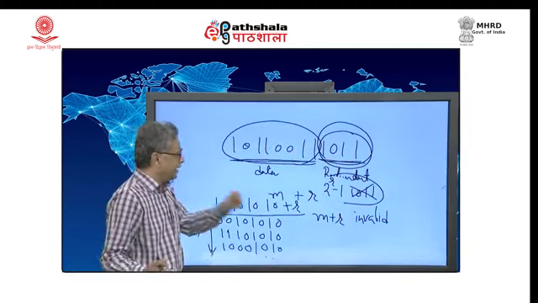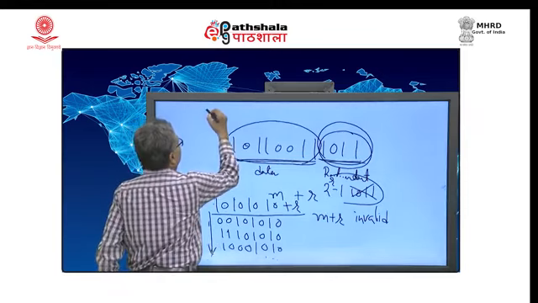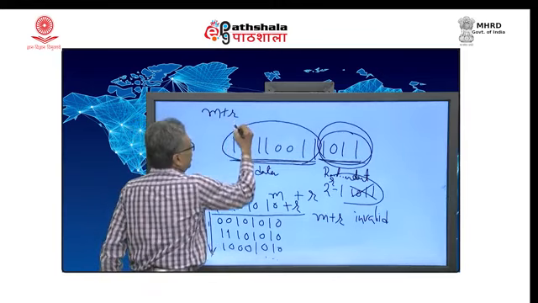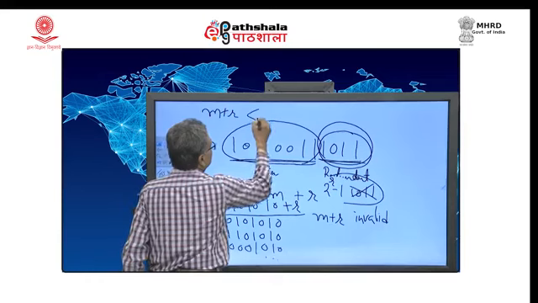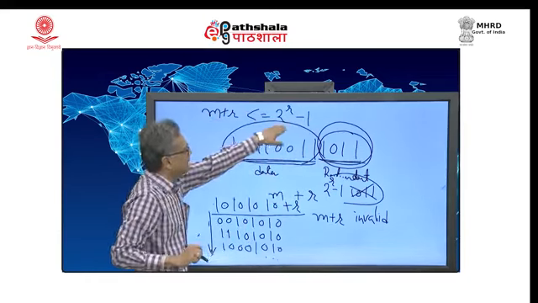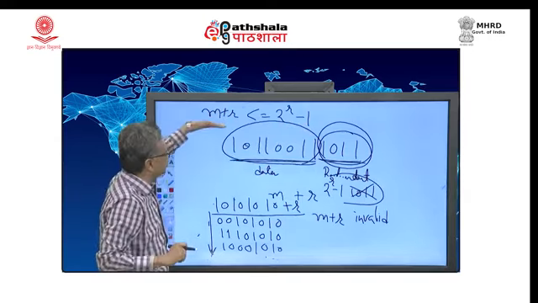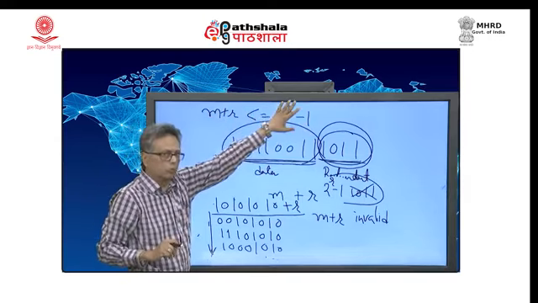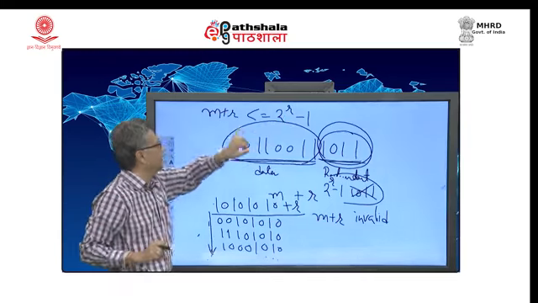Okay. So, my equation is something like this, I need minimum m plus r, what I can get is 2 raised to r minus 1. So, I must get more number of values than actually needed or at least equal to.